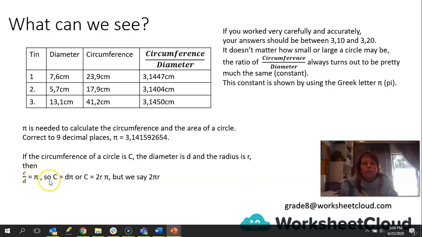So c is equal to d times pi. And we know that d is 2r. So c is equal to 2r pi, but we say 2 pi r. It's just easier to say it. It works out exactly the same because you're going to go 2 times pi times whatever the radius is.